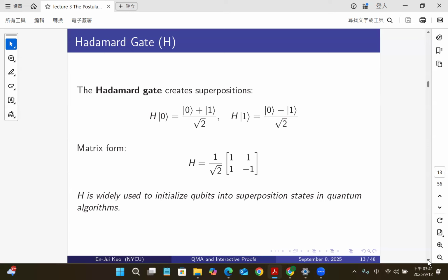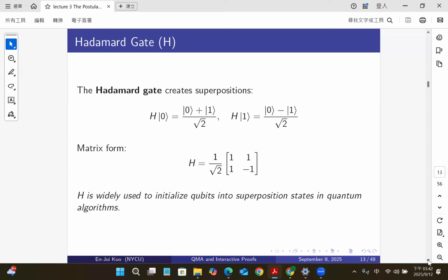So we can try H applied on the plus state. Let me just write down the final result. What remains to show is that H applied on the plus state gives 0. There are various ways to do it, or you can brute force compute it.